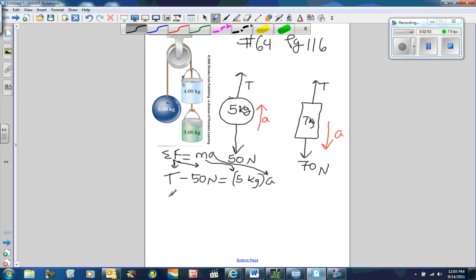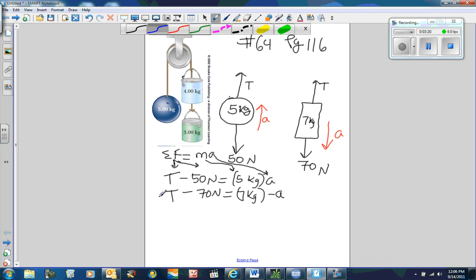Well, we get the other equation over here from the 7. And so I'm going to say tension minus 70 newtons equals 7 kilograms times negative a. Why negative? Because that acceleration is in the negative direction. What I'm going to do here, and I'll do this in a different color, is I'm going to subtract these from each other.